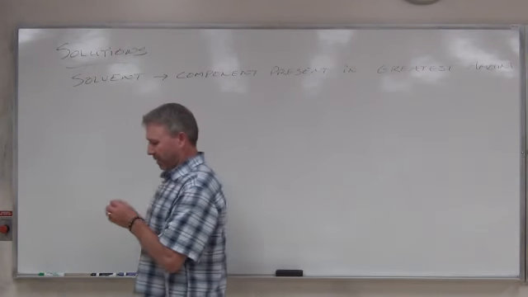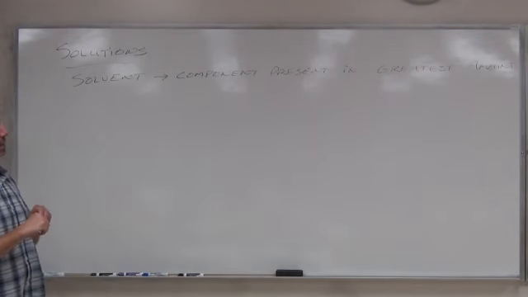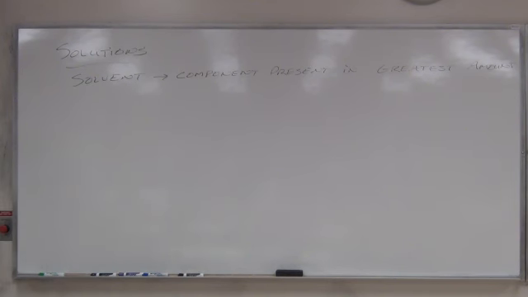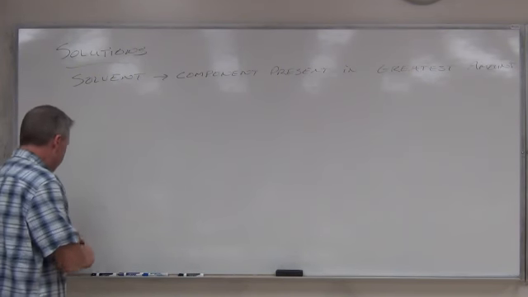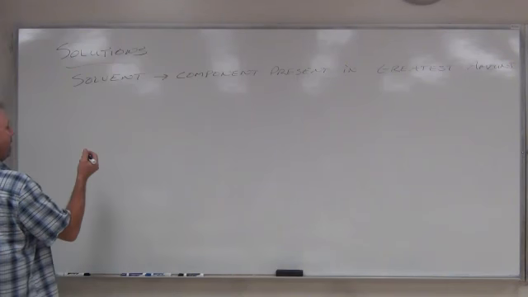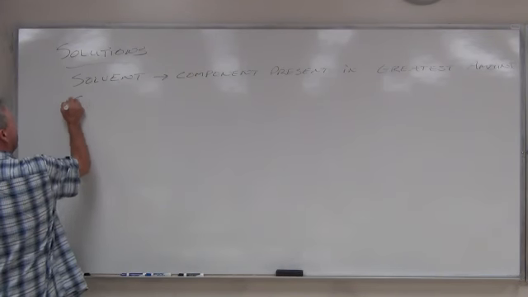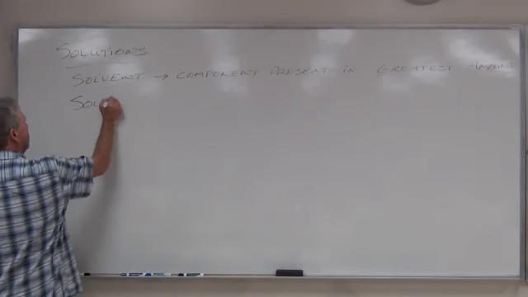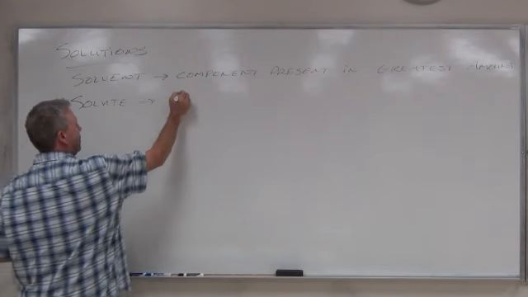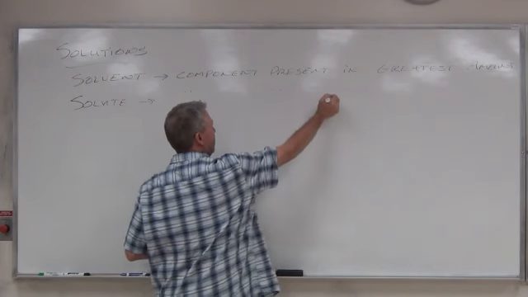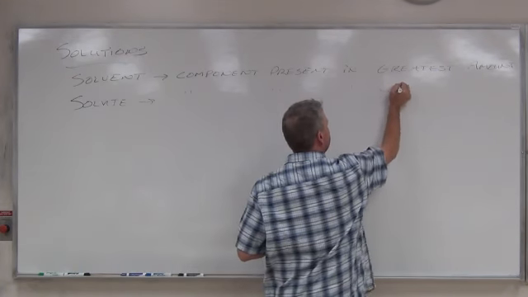This is the component present in the greatest amount. Can you guys see that back there? Is it dark enough? And the solute. This is going to be the component present in the least amount.